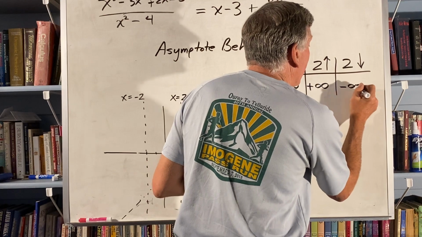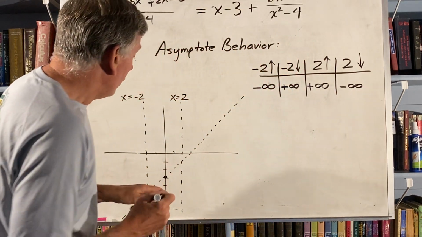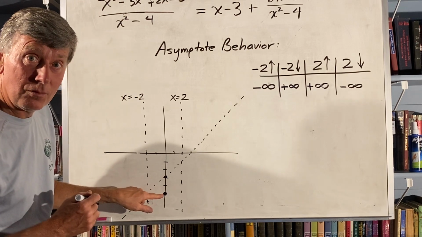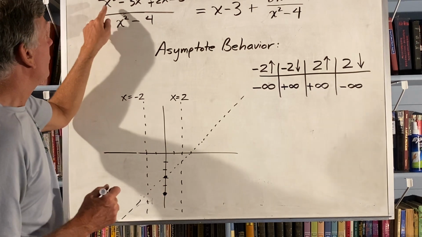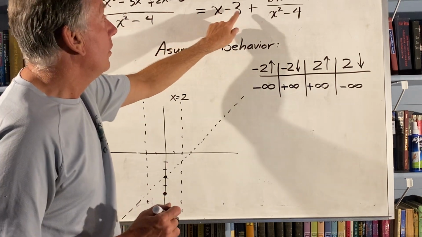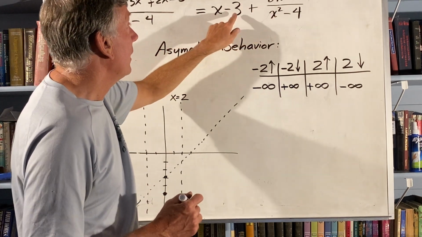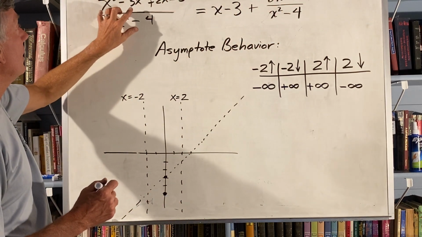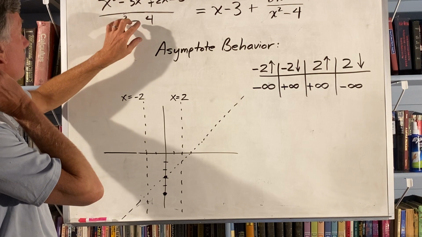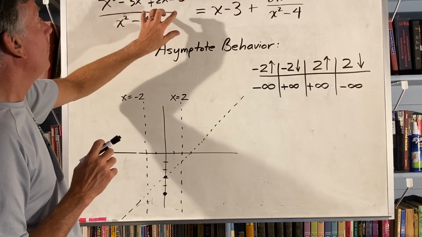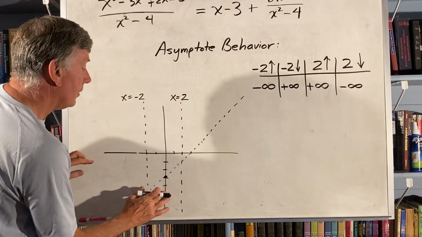So we have that. The only other thing I know is the y-intercept, because when x is 0, this is not minus 5.